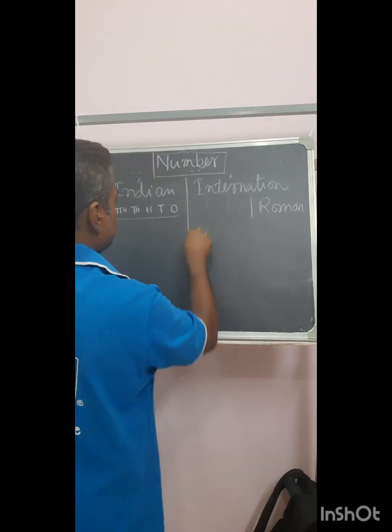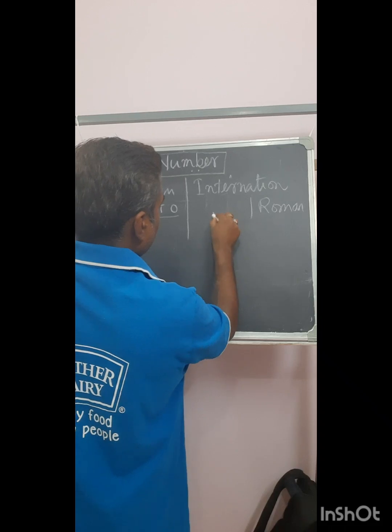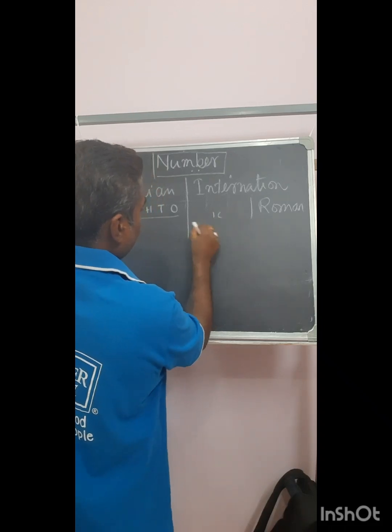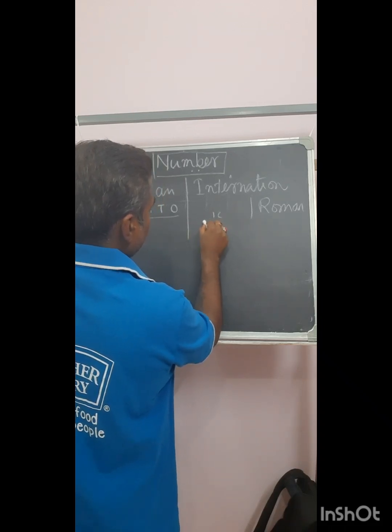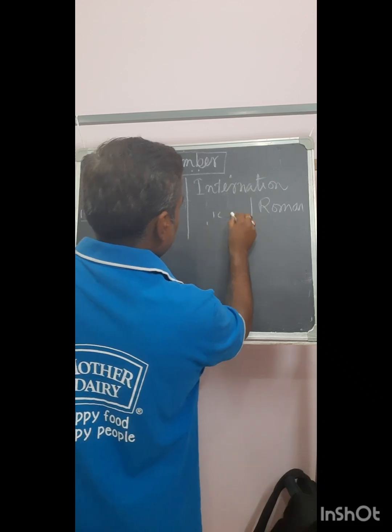Whereas in the international system, up to crore it is okay, but before that they use million.